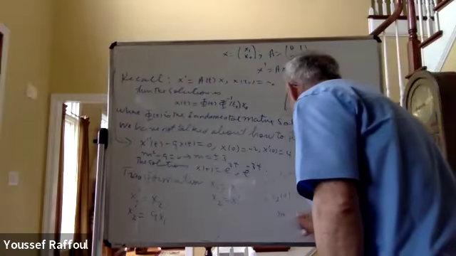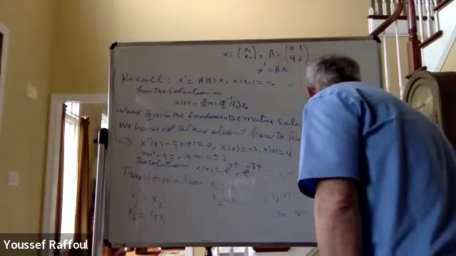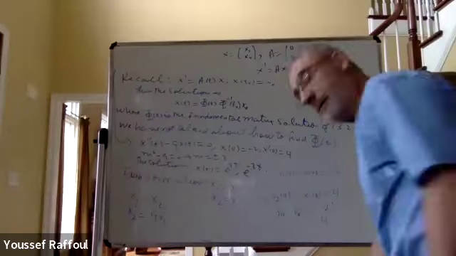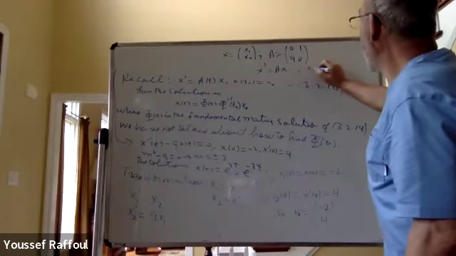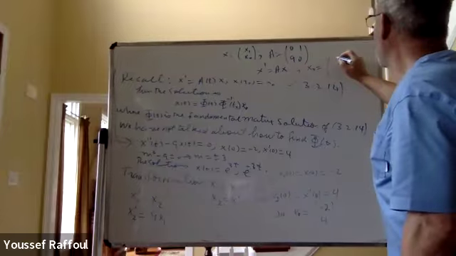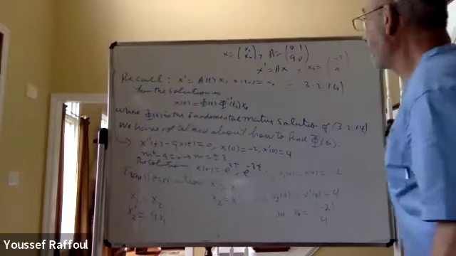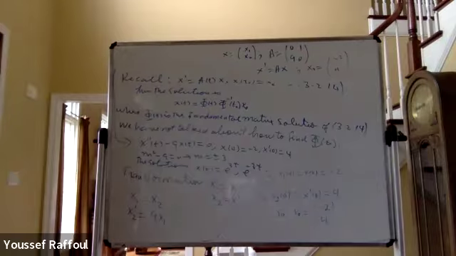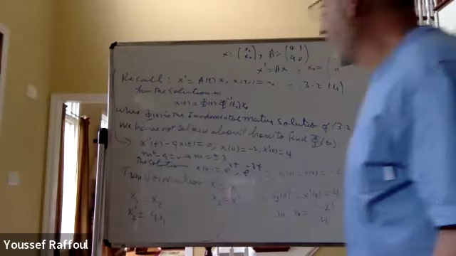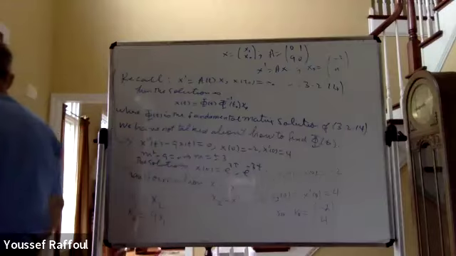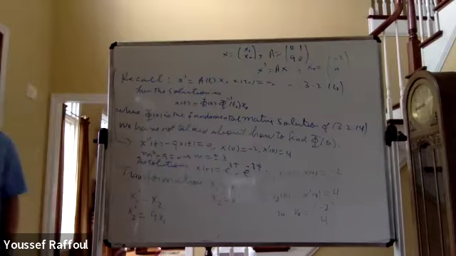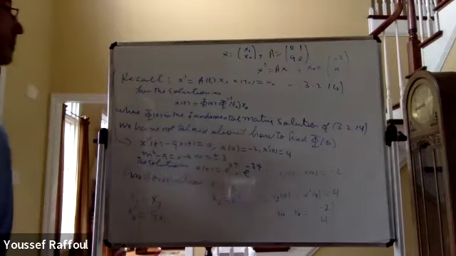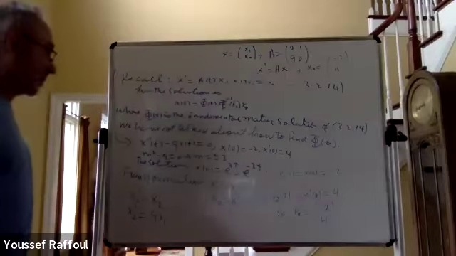And so x of 0 is minus 2 and 4. All right, so we're now going to try to find the fundamental matrix.